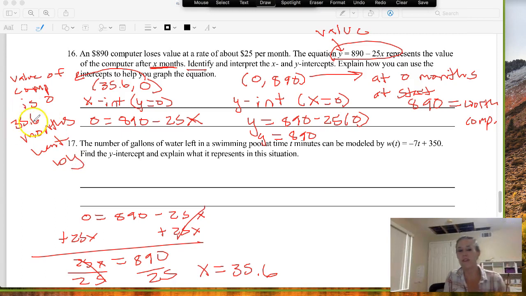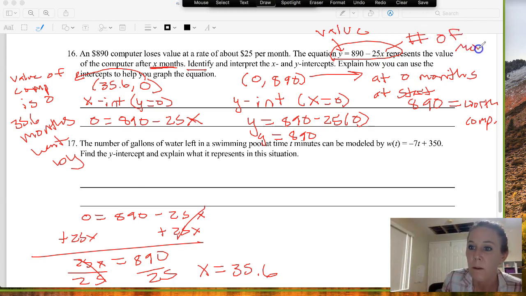So basically, at 35.6 months, my computer isn't worth anything anymore. Enough time has gone by that the computer has depreciated in value and new updates have happened and it's not really worth anything. So that's what that means. Remember, y was the value, x is the number of months. So when x was 0, before you even start, the computer is $890 of worth. When y is 0, the value is 0, 35.6 months went by. Okay.